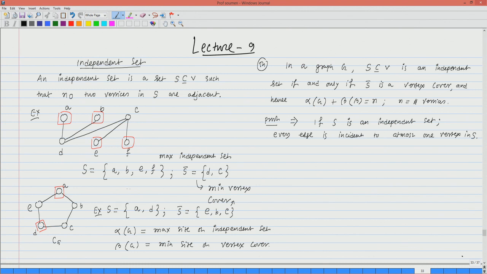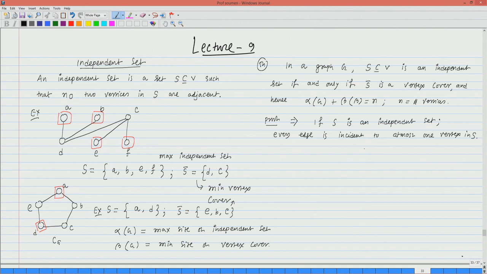This A, B, E, F is an independent set. You take one edge, and this edge is incident to one vertex from the independent set S. This edge is not incident to any vertex in the independent set.